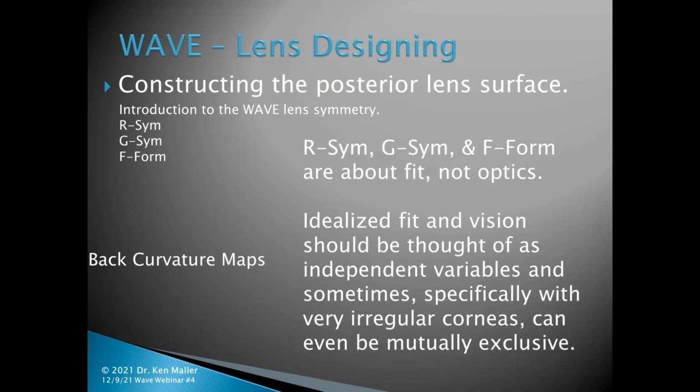Sometimes you have to compromise the vision in order to idealize the fit, and vice versa. Sometimes you want to idealize the vision, and you will have to sacrifice certain criteria about the fit. Sometimes you just cannot get an idealized fit and visual performance in the same design, and you have to come up with a compromise between the two.